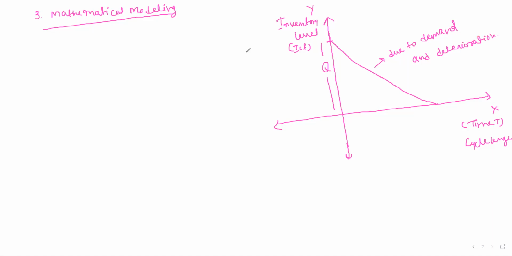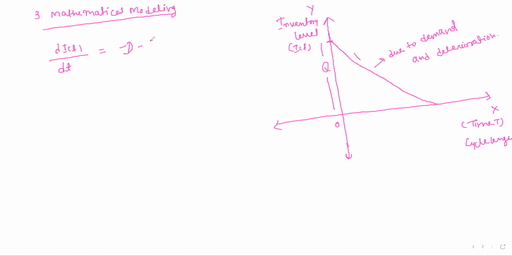Okay. So for the modeling part, we will convert it into a mathematical model. So how can we write? This is the inventory level, and we see that this decrease means there is a rate of change in inventory, and this is because of demand and deterioration. So how can we write it? dI(t)/dt equals minus D, since it is decreasing, so that's why the minus sign is here.